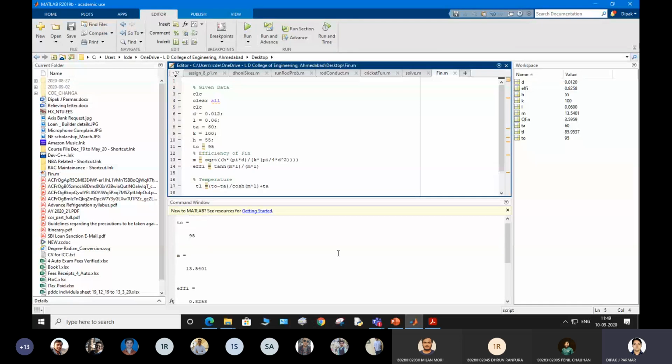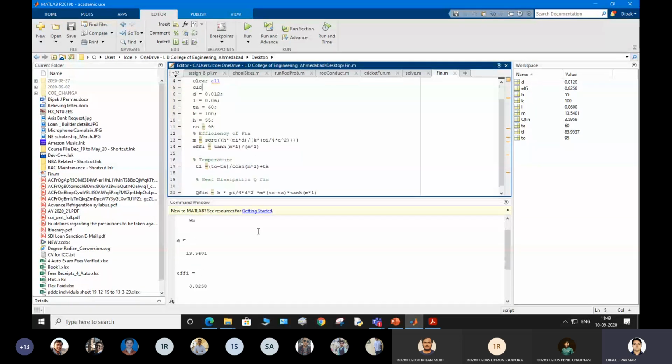If we change the conductivity value from 35 to 100, you can see the efficiency value will increase from 62 in the previous case to 82.58 in this case. So when your conductivity increases, the efficiency of the fin is increasing. As your conductivity is higher, the temperature at the end of the tip is also higher.